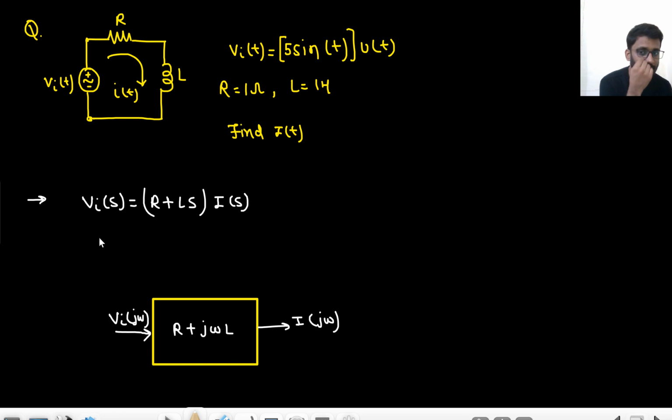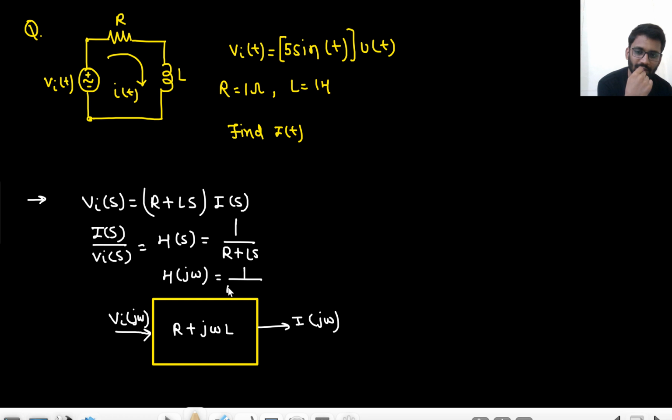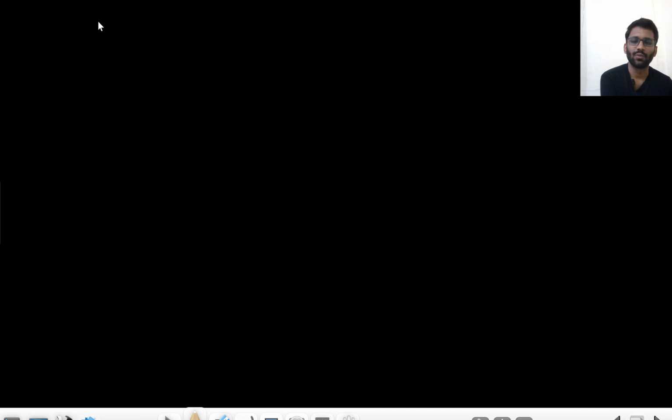So I of S by V in S, that means H of S, that would be 1 by R plus Ls. And H of j omega would be 1 upon R plus j omega L. If you put R and L equal to 1, it would simply be 1 upon 1 plus j omega.